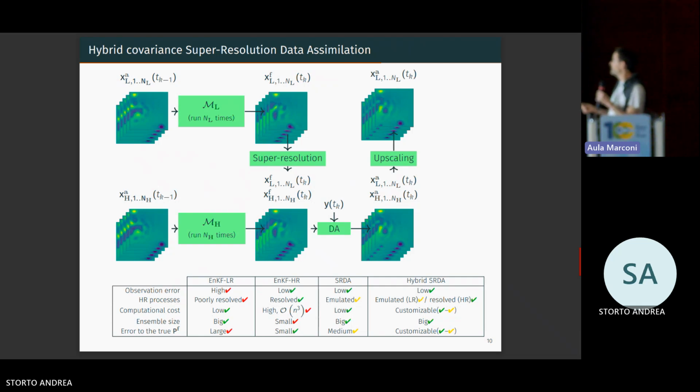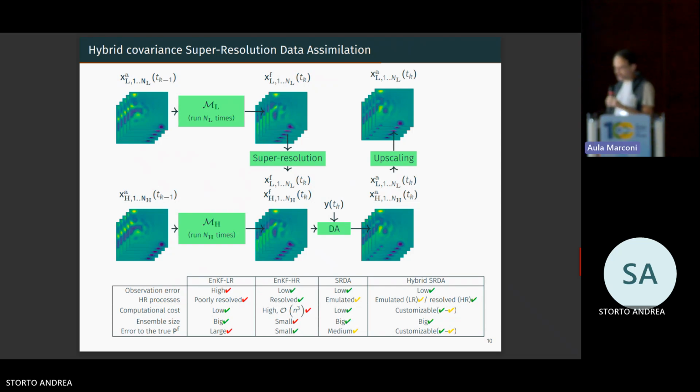Before the data assimilation step, the low resolution members are downscaled to the high resolution space through the super resolution step. We perform the data assimilation step in high resolution with a hybrid covariance, and right after the data assimilation step, the low resolution members are upscaled back to the low resolution space.